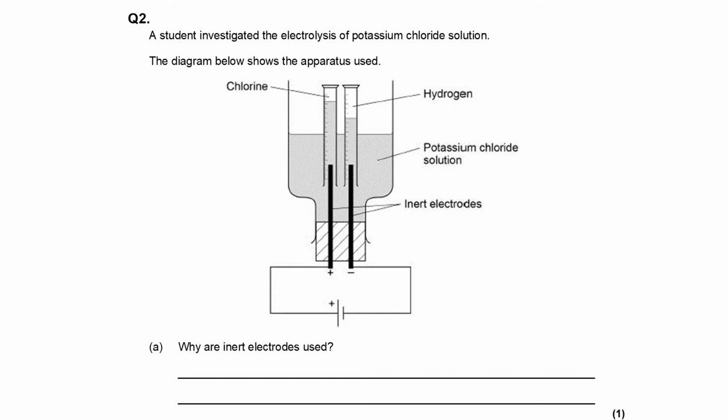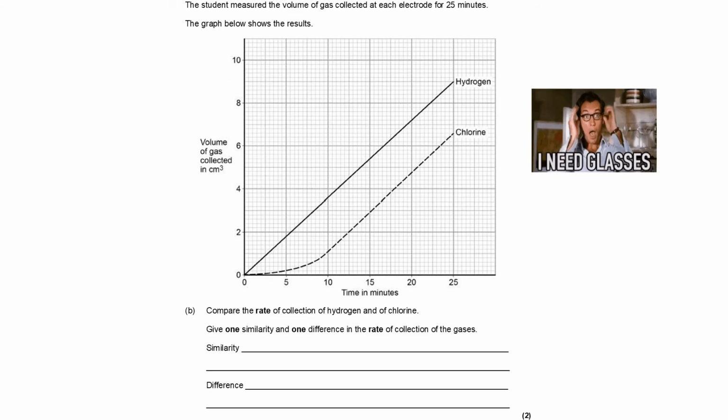And then it says the student measured the volume of gas collected at each electrode for 25 minutes. The graph below shows the results. So what you can see is the time in minutes on the x-axis and the volume of gas collected in centimeter cubed on the y-axis. You can see that there's a lot more hydrogen gas than chlorine, as we realized from the diagram.